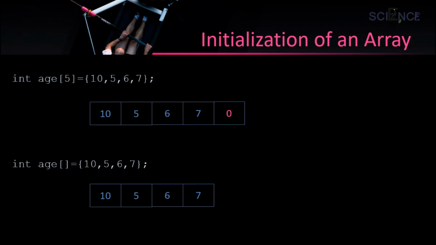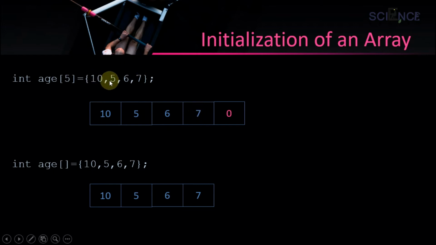So let's see. You can see here I have assigned 4 values into my array, right? What is the size of my array? It is 5, but I have assigned only 4 elements. Then what will happen? In my computer's memory, there will be 5 different locations for each and every element that I am going to store in future.